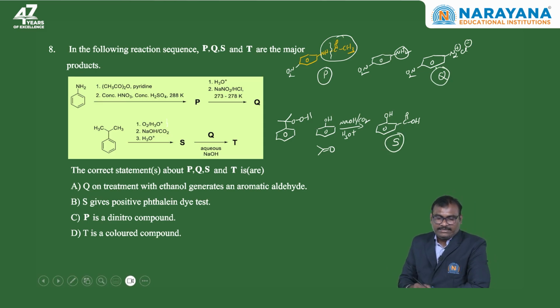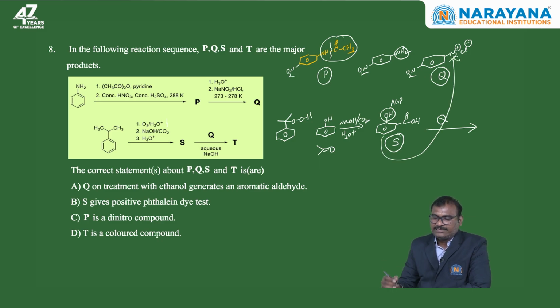Now S coupled with Q, that is nothing but aromatic electrophilic substitution, which takes place with respect to the activating group. The ring has the more activating group and the diazonium salt has the withdrawing group. The electrophilic substitution majorly occurs at the para position.